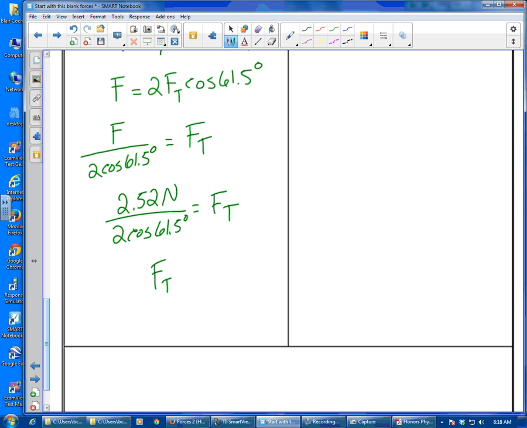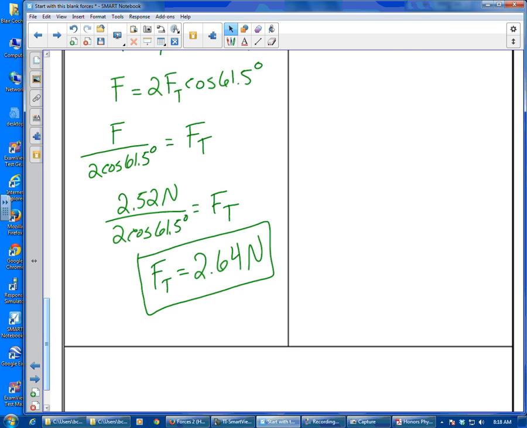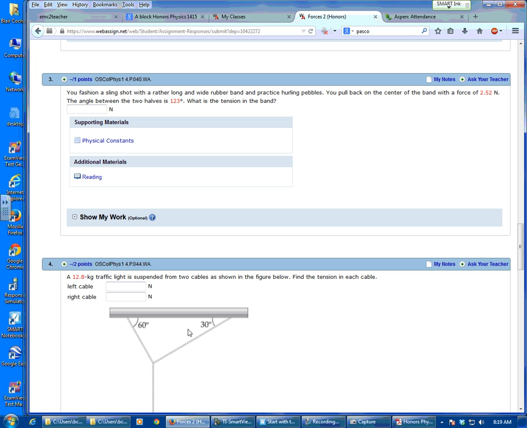And so my force of tension is, let's see, I get 2.64. See if that's right. Yeah. Yay!